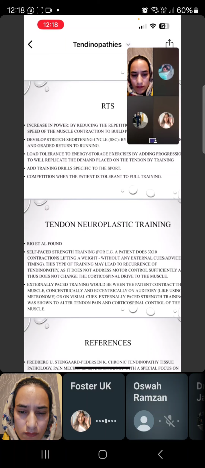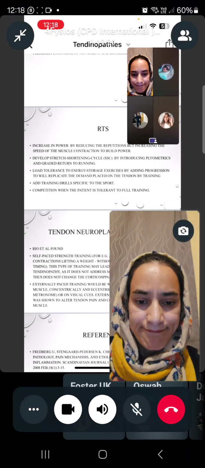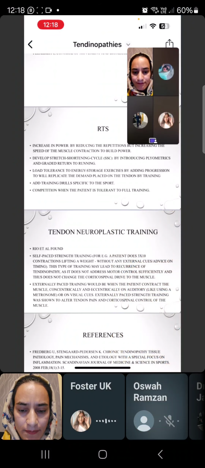When exposed to unpredictable things, an unpredictable environment, they can come back with recurrence of tendinopathy, as it does not address the motor control sufficiently and does not change the corticospinal drive of the muscle. You know those corticospinal pathways with our brain, those reflexes, right? So it is built in our local muscle, but it's not built in our motor pathways.